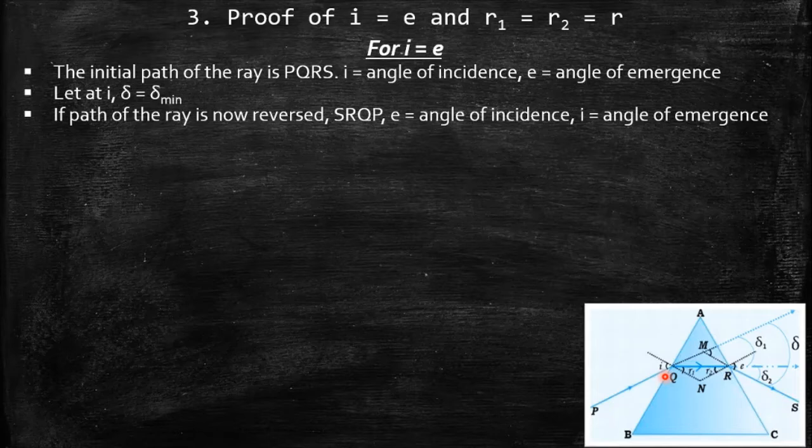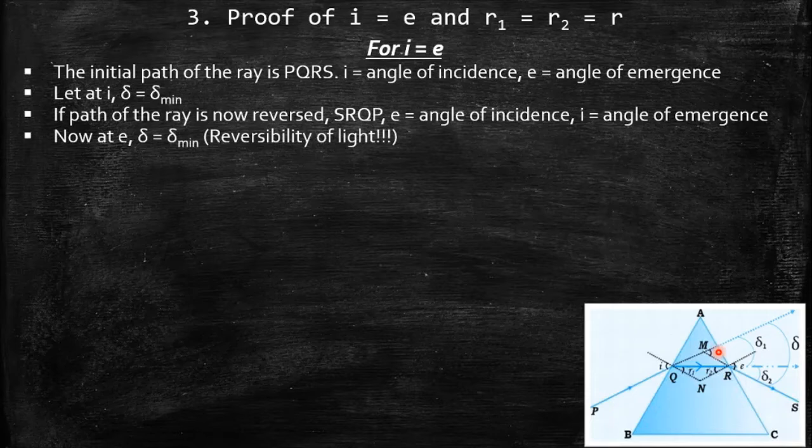No, I simply reversed its path, right? Which obviously means for a fact that I should still get this deviation to be that of delta minimum, correct? Which brings me to the fact that for angle of incidence E, I am getting delta as delta minimum again.